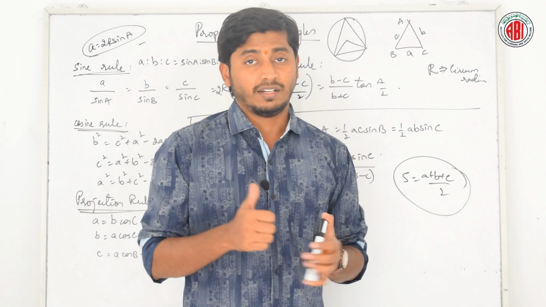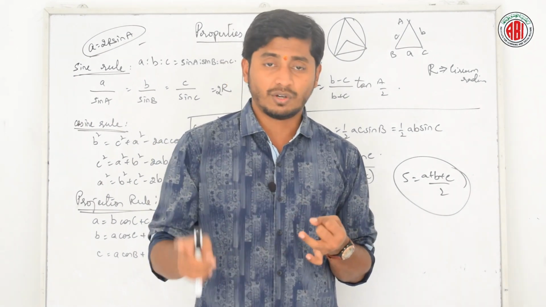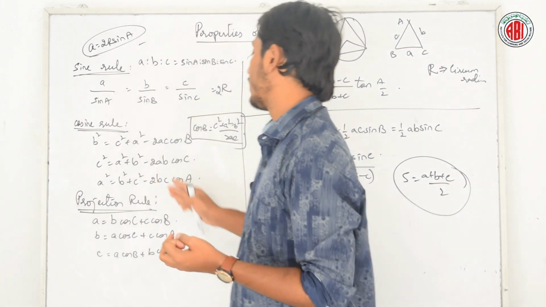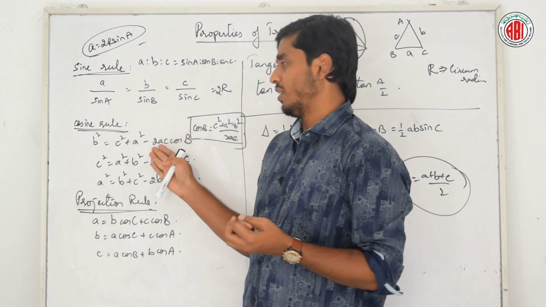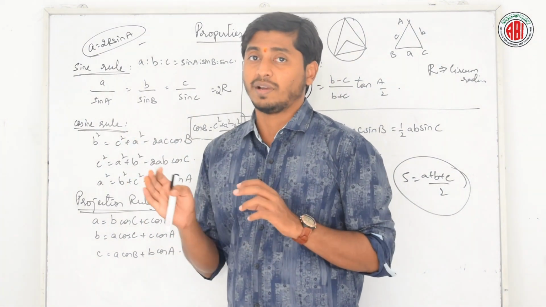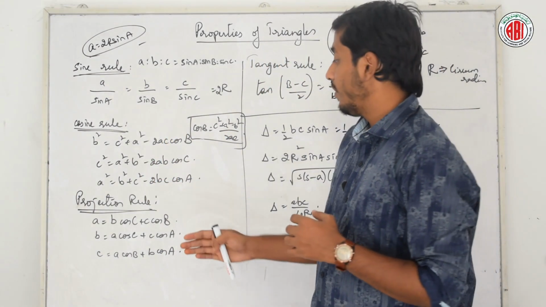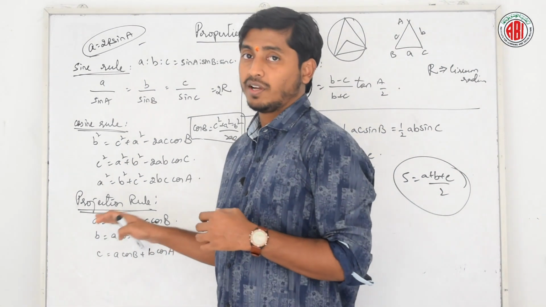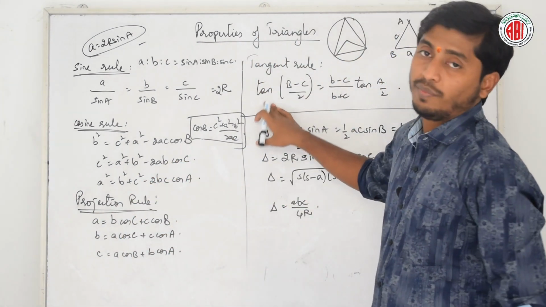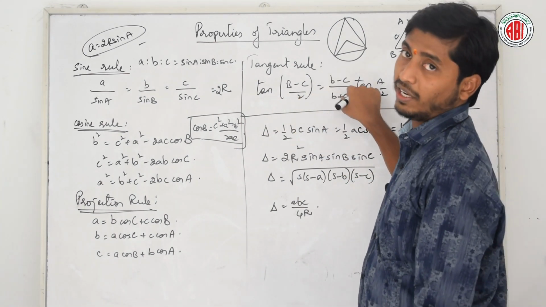Right? Will you remember? Once again let me tell you, a is equal to 2R sin A, b is equal to 2R sin B, c is equal to 2R sin C. Similarly, cosine rule, either you can remember this or you can remember this, it's up to you. If it is this, b square is equal to c square plus a square minus 2ac cos B. Whereas projection rule, a is equal to b cos C plus c cos B. Then tangent rule will be tan of (B minus C) by 2, that is equal to (b minus c) by (b plus c) into tan A by 2.